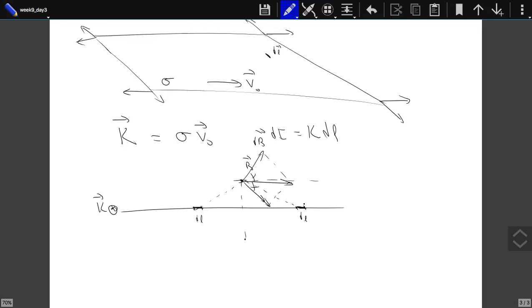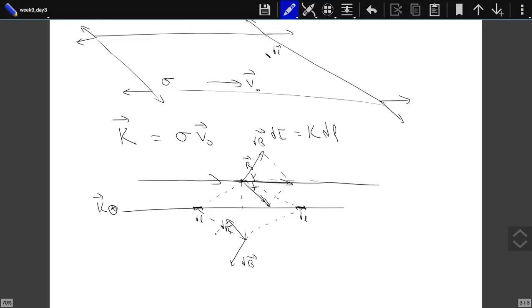So for this configuration, we know that the magnetic induction above the plane is pointing from left to right everywhere. So this is our magnetic induction line. Below the plane, well, we can just repeat the same thing. So here, at this point, this will be dB. This will be the other dB.